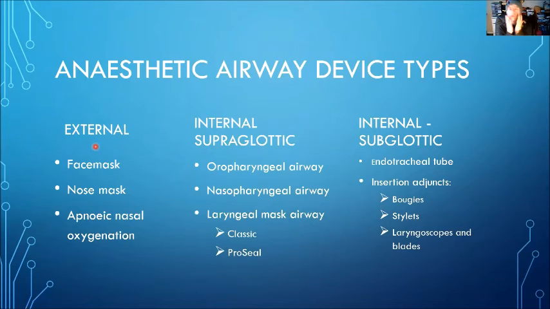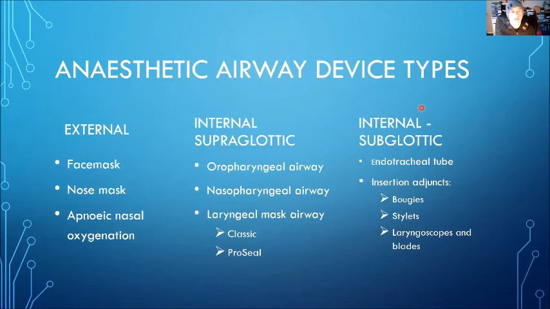They just sit on top of the outer airway openings. So we could have a face mask, a nasal mask, or various forms of nasal oxygen delivery. We've also got internal devices, and the internal devices are the ones that are invasive. They go inside our body.